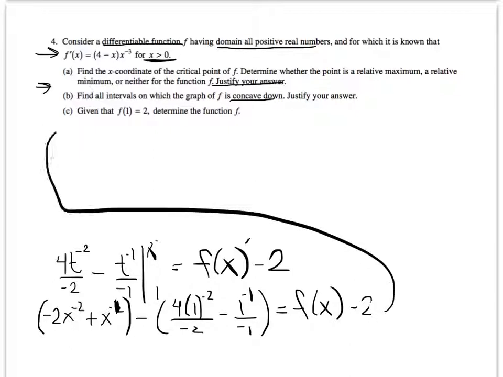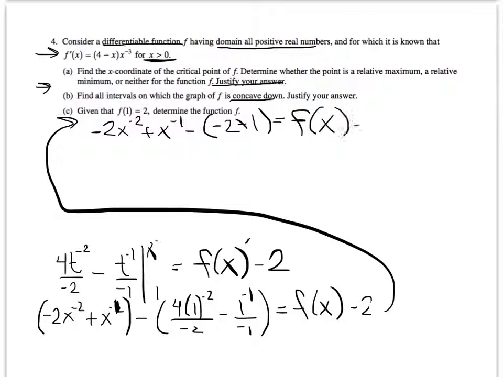So now if I go back up to here, I still have negative 2x to the negative 2, and then it's plus x to the negative 1. Now let's do my mathematics very carefully here, minus. So it would be 4 over negative 2, which is negative 2, and then plus 1, is equal to f of x minus 2.